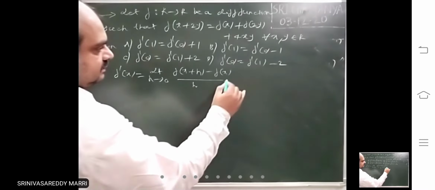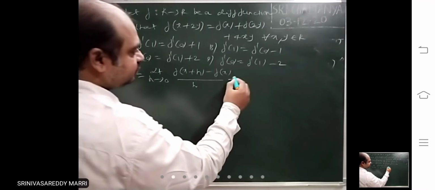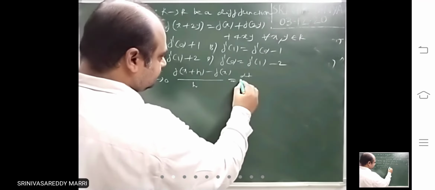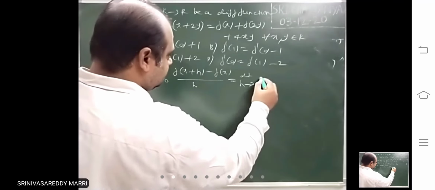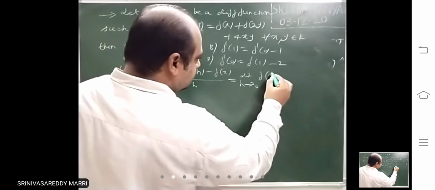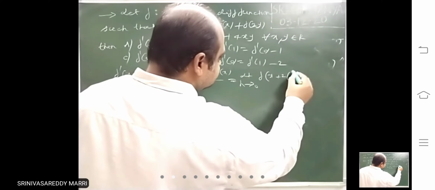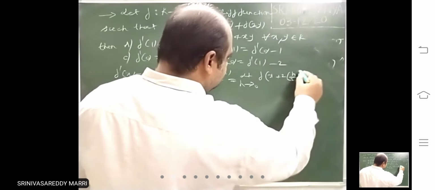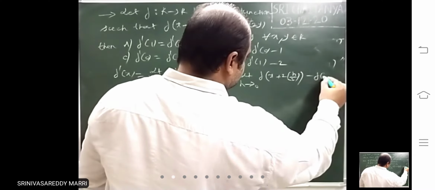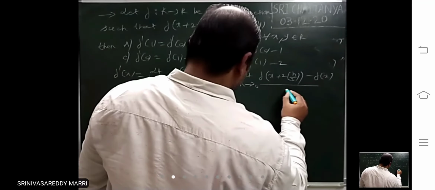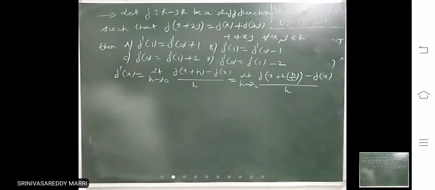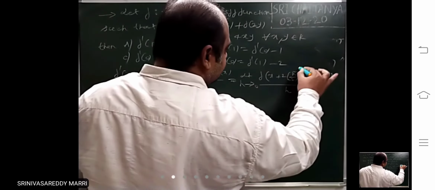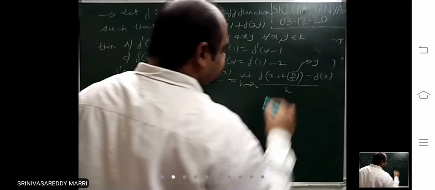Look, x plus 2y is there. You write this as 2 into h by 2, so take this as y.